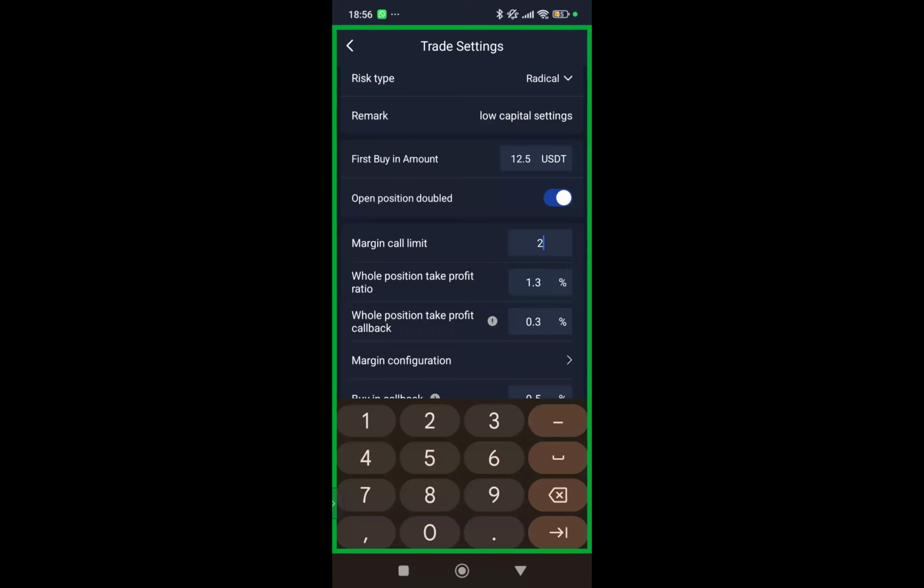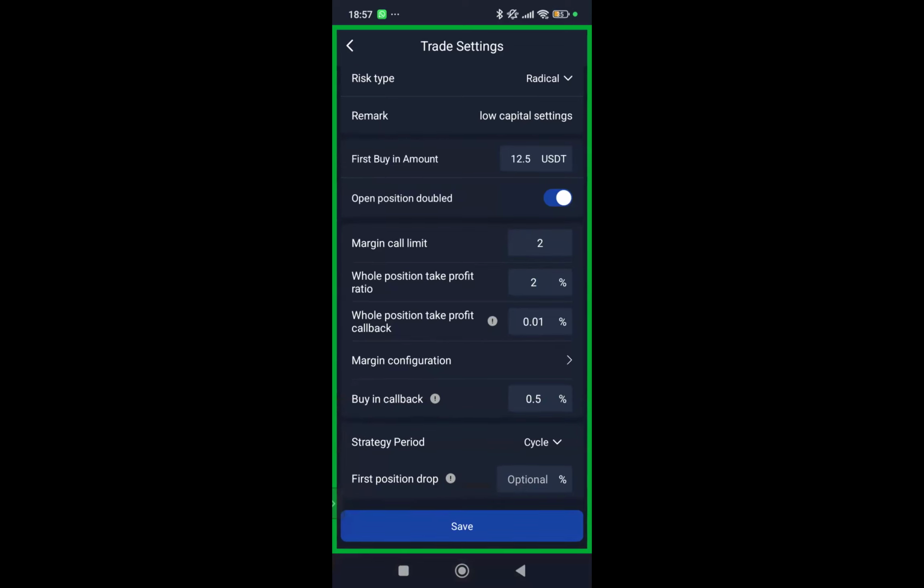Usually, for whole position take profit ratio, you can put it at 2%. You can always change that. Then whole position take profit callback, you can put 0.01 there. Then scroll down, buying callback, you can put 0.01 there.